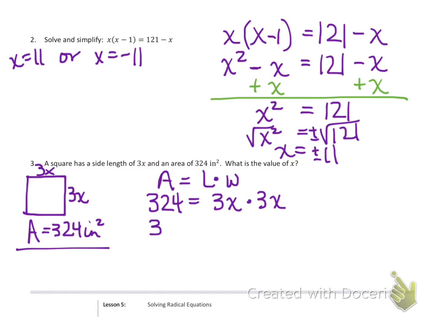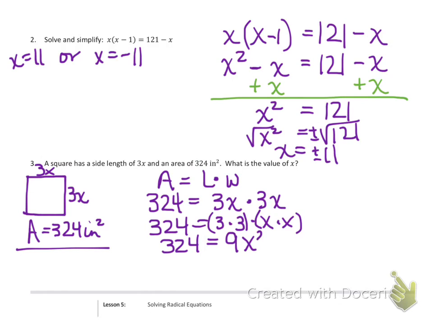So 324 is equal to, I'm going to separate these apart. This is 3 times 3, and this is x times x. And I can associate them. Since everything's being multiplied, I can group them however I want. So what we have here is 324 is equal to 9x squared.